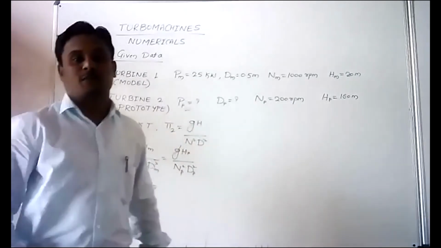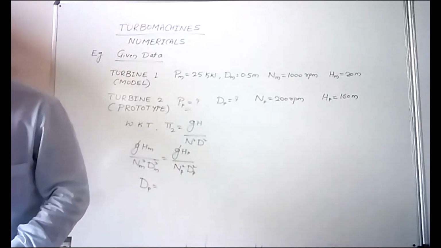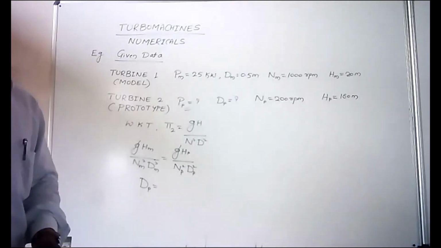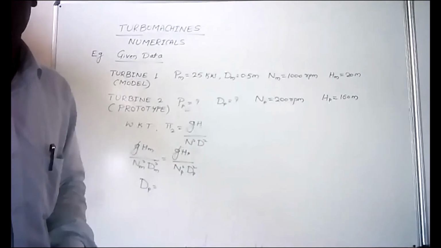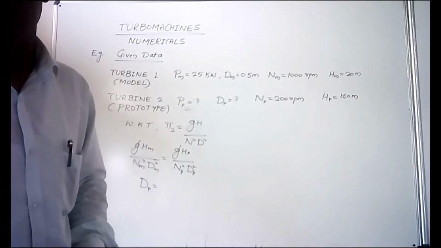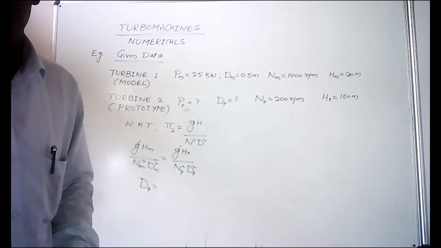Here the calculation part is important. What is the value of Dp? 7.07 meters. Okay, I want the response from each and every one. I can find only 15 participants. What about the other students?